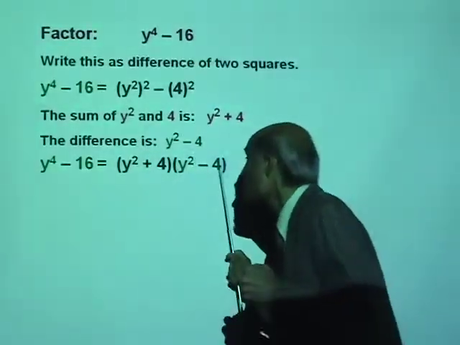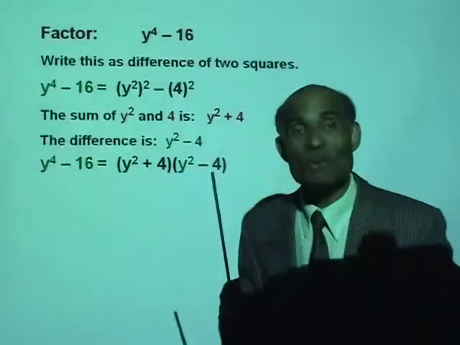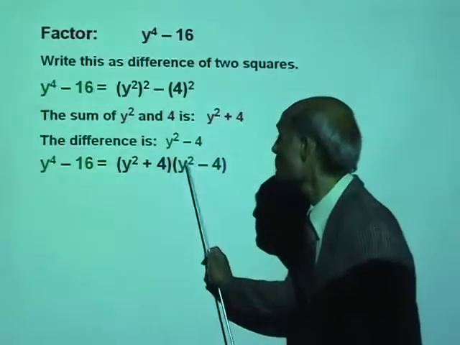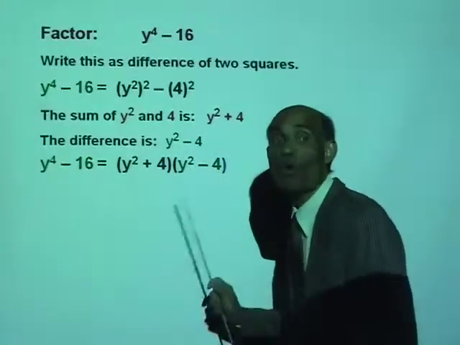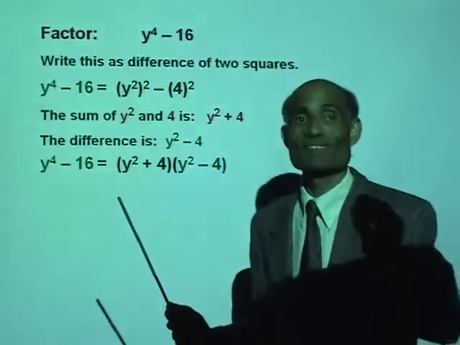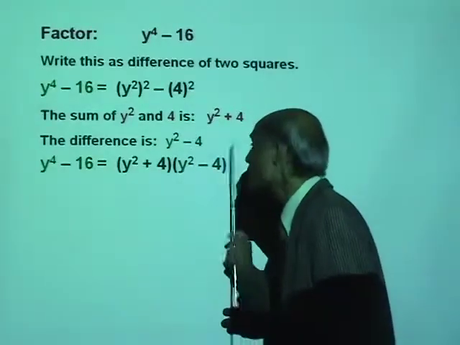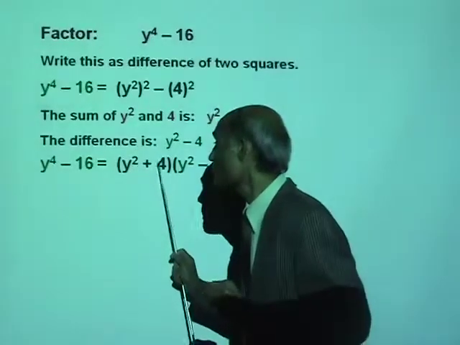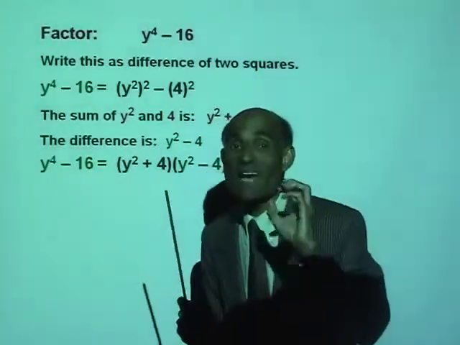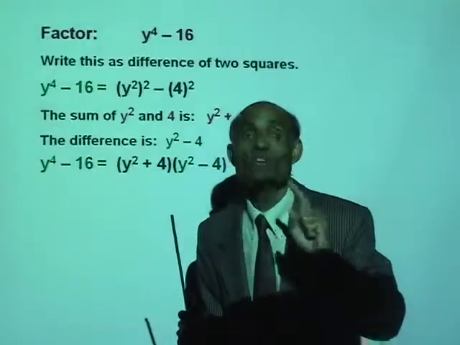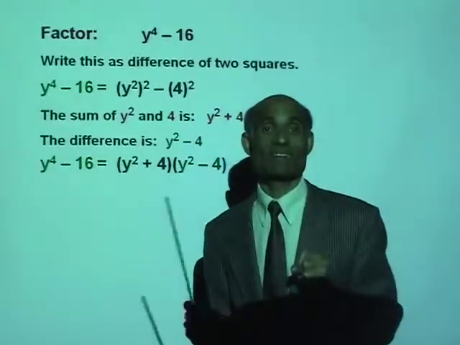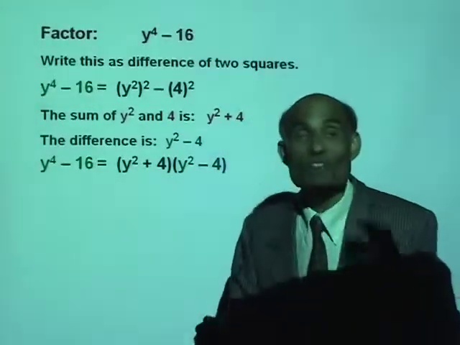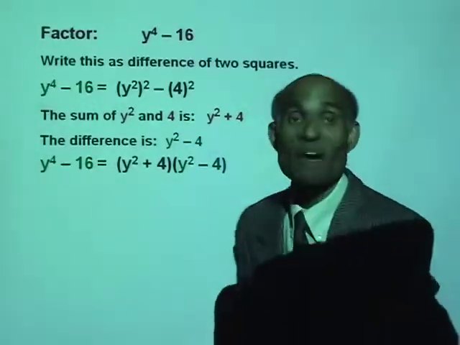But the difference of two squares, y squared minus 4, can be factored. 4 is 2 squared. So we can factor this further. Don't confuse again. Y squared plus 4 is the sum of two squares. You cannot factor it. But y squared minus 4 is the difference of two squares. We can factor it further.